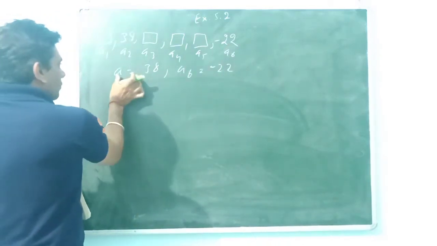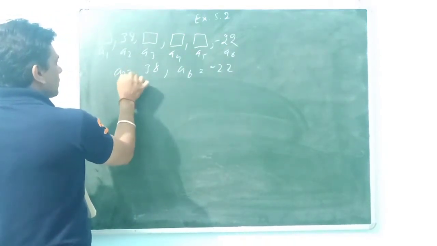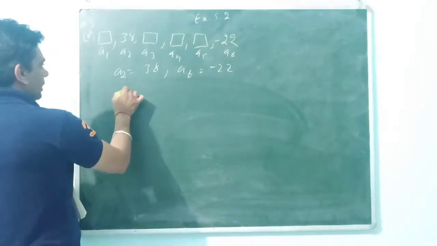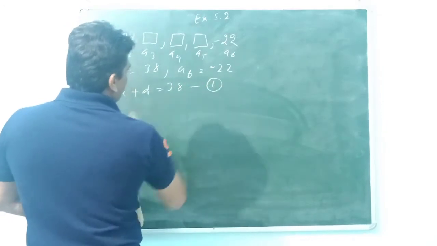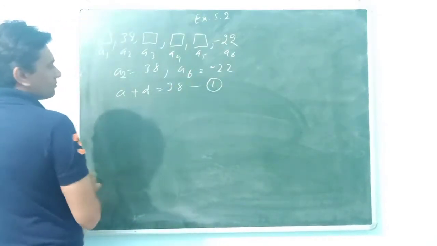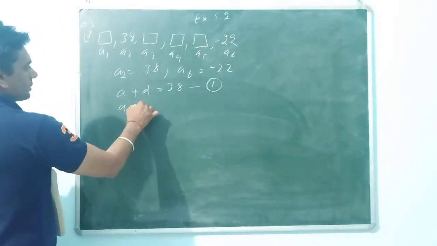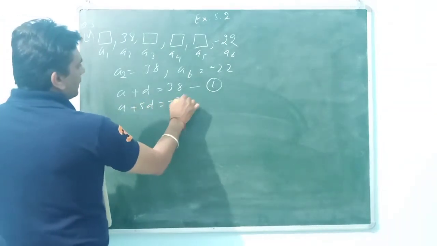So from here, this is A2: A plus D is equal to 38, which becomes equation first. And A6: A plus 5D equal to minus 22.